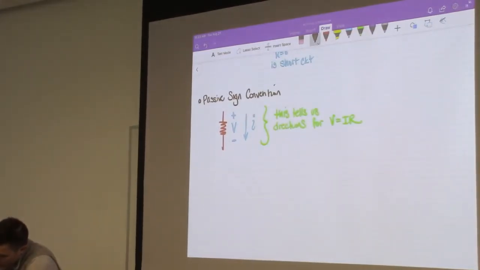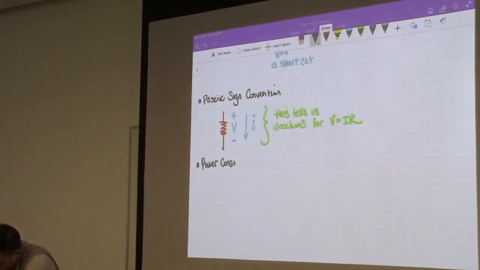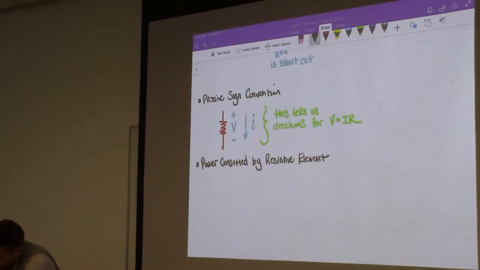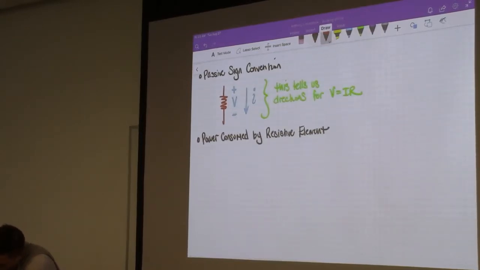Power consumed by a passive element. So P equals V times I. We know that.